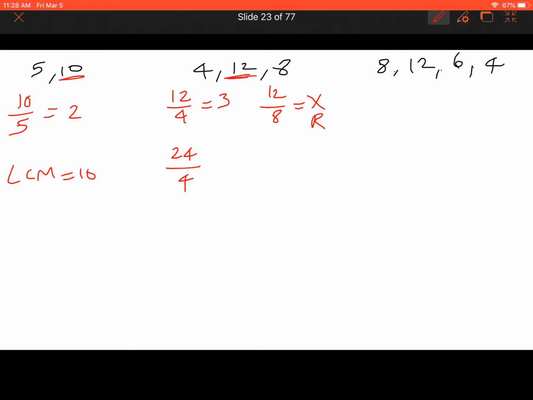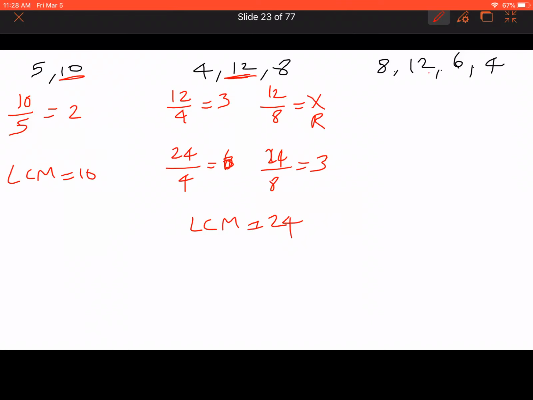Divide that by 4, that is 6 times, and also divide 24 by 8. It gives 3. So it's divisible by both 4 and 8. So 24 is the LCM for these 3 numbers.